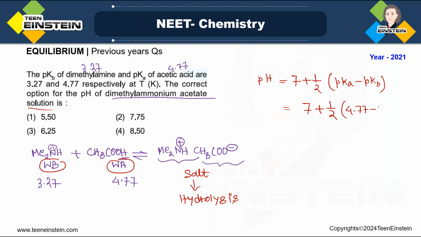Just directly put it. So it is 1.5 by 2, means 0.75. So it will be 7.75. It is present in option 2, right?